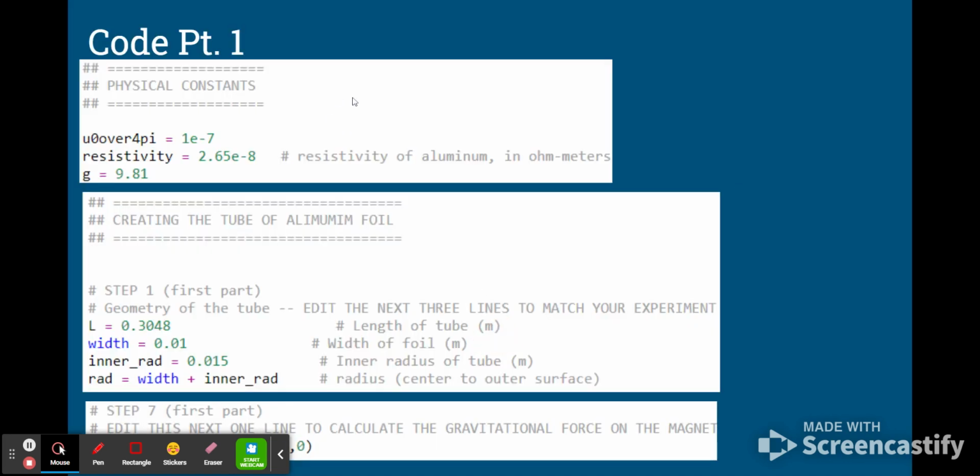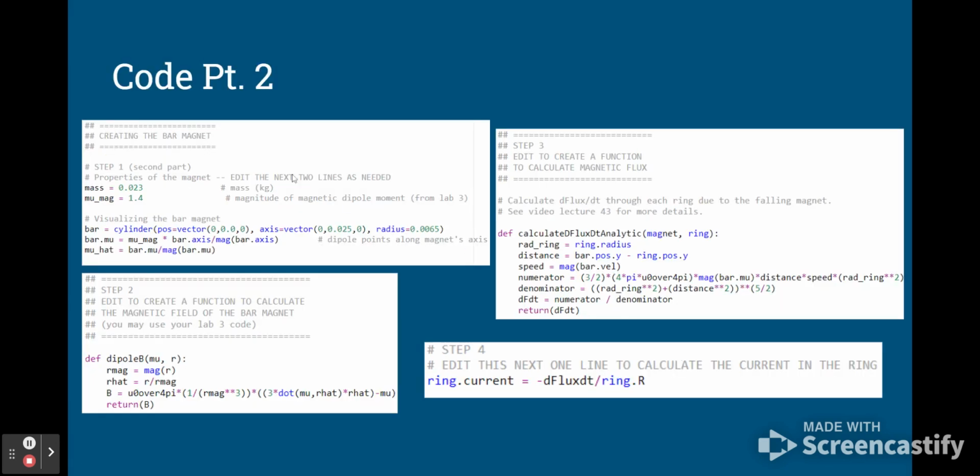All right, here are the physical constants I used, and I used my initial conditions to set up the aluminum foil, and I had gravity in the negative y direction as mass times g. Here's my mu mag from lab 3, and I also use my lab 3 code to find the magnetic field.